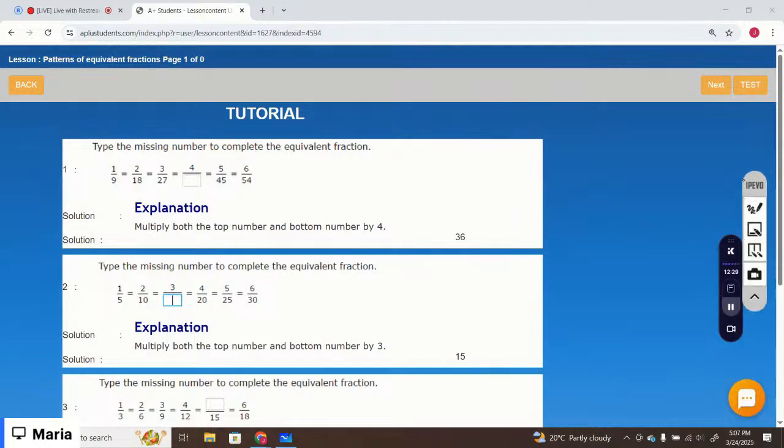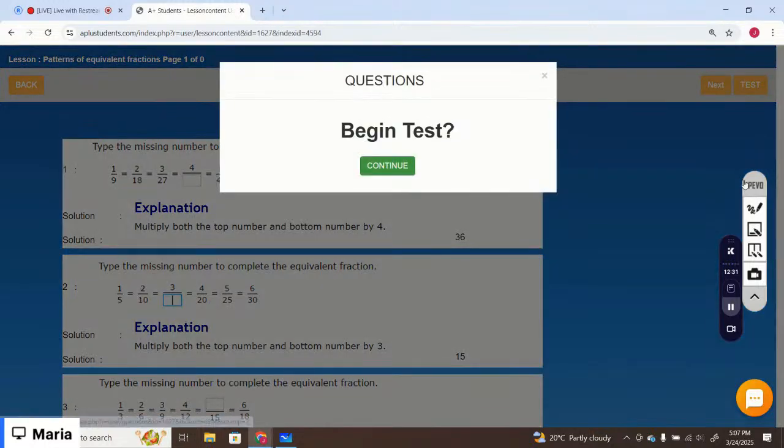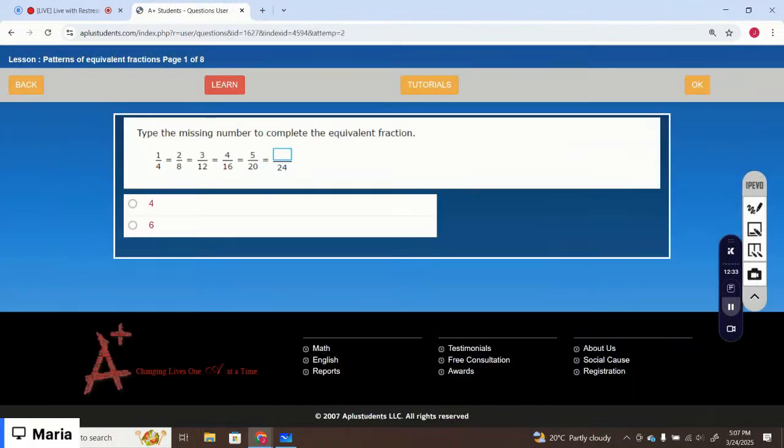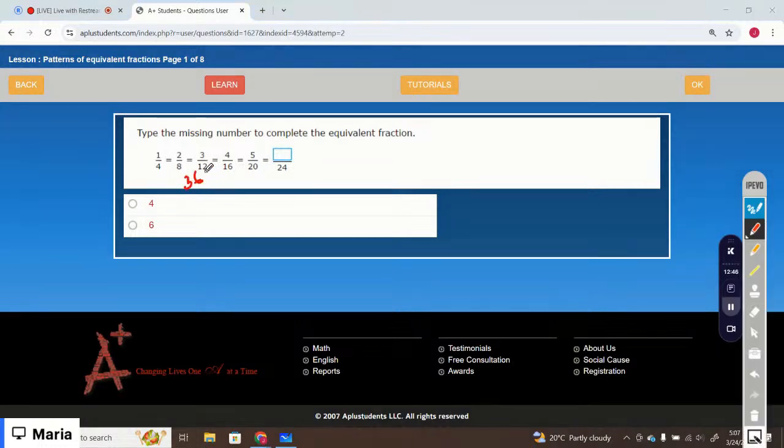Let's just start with the test questions. Type the missing number to complete the equivalent fraction. So we have 1 by 4, 2 by 8, 3 by 12, 4 by 16, 5 by 20. So the pattern is growing by 1 times 5 is 5.